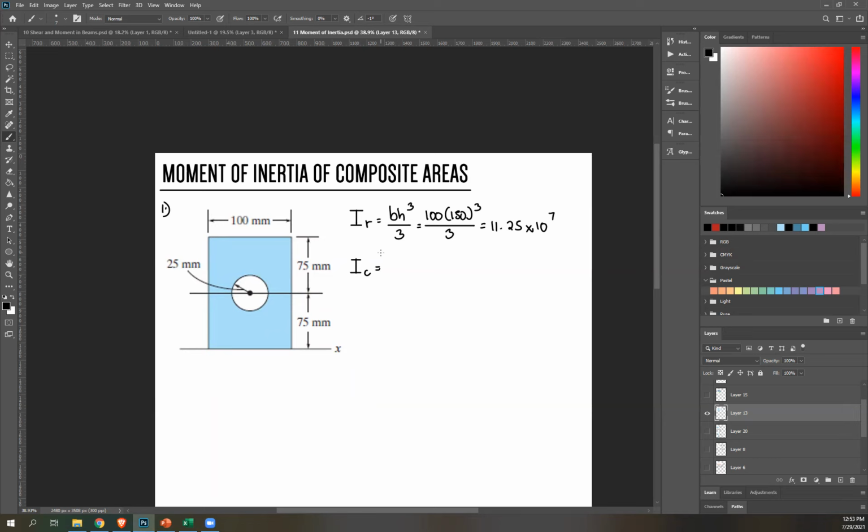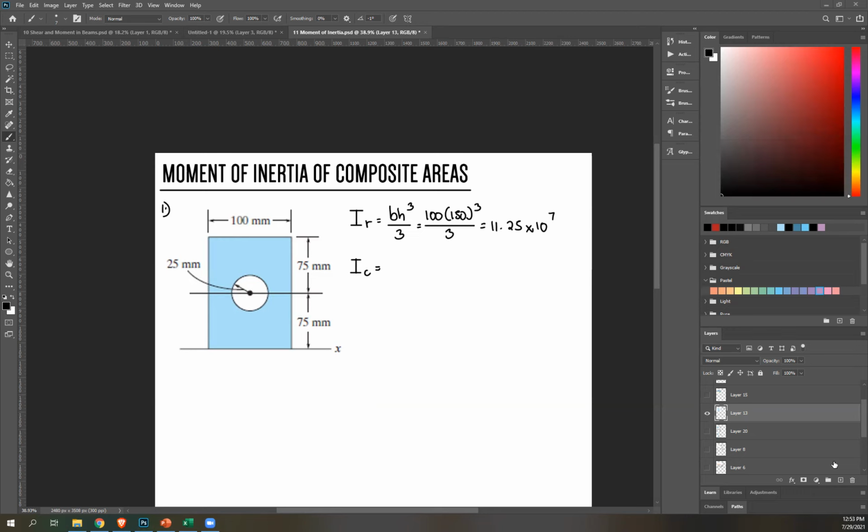Anybody give me the equation for moment of inertia of a circle? About its centroidal axis. Okay, very good.